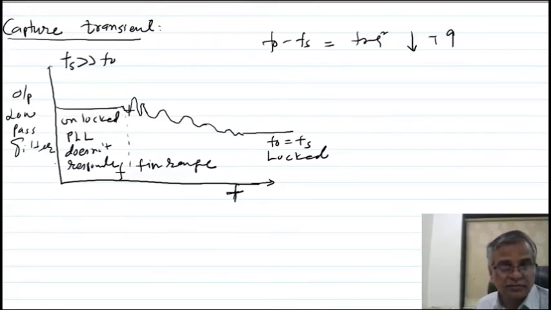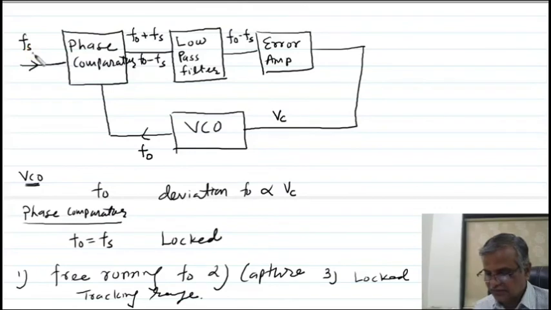You have seen that in practical. I will also put the practical on the Moodle platform, so you can see what is happening. When FS is too much greater than FO, the PLL does not respond.